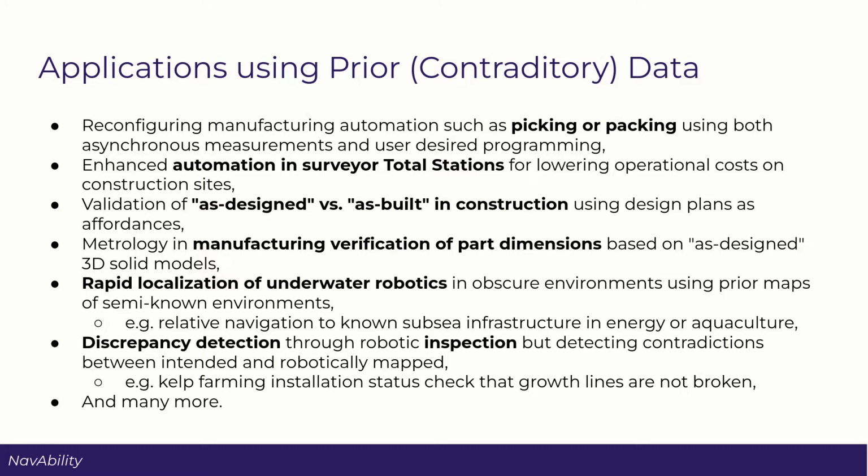So any kind of situation where you have an as designed versus as built in construction, even if it's cell phone data or LiDAR data, any kind of information collected from a construction site that is being compared to the digital model: how do you detect discrepancies? How do you deal with that? How does the AI process that information together?